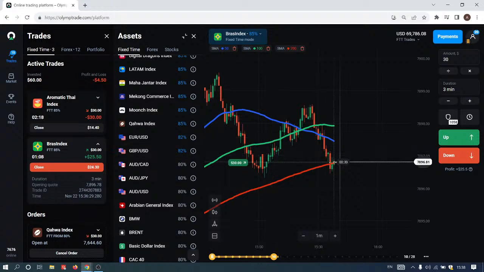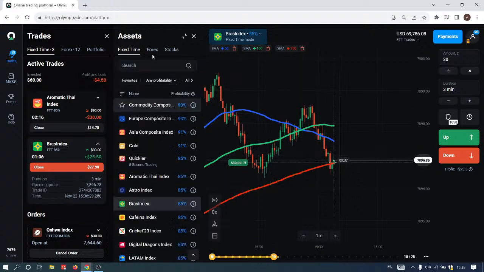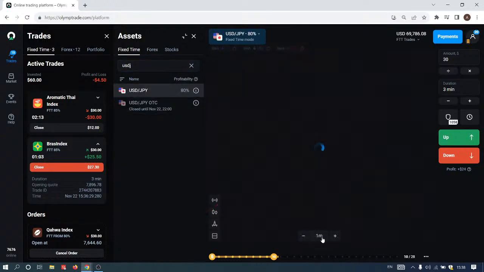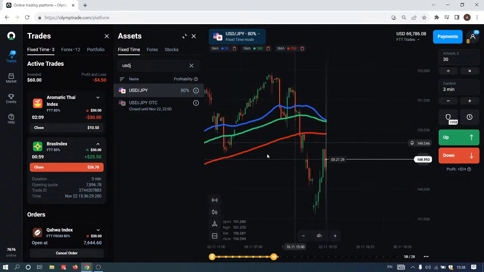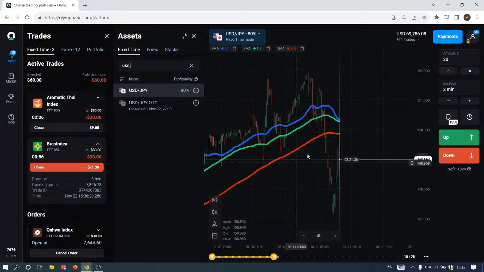Can I analyze USD JPY? Well, the USD JPY is a very interesting asset, and it is such a tricky one that I don't know what to say about it, because it clearly has this psychological level of 150.